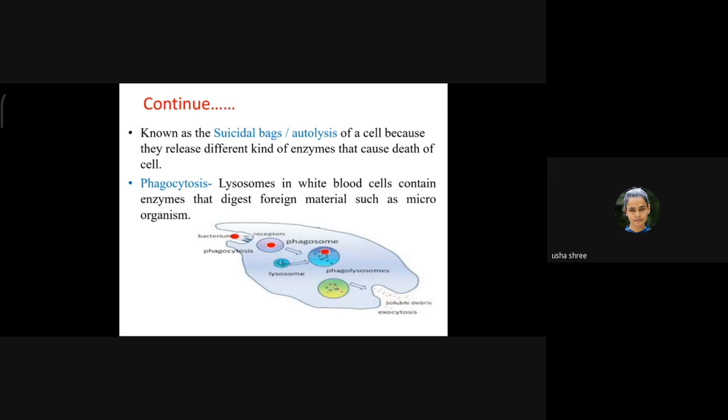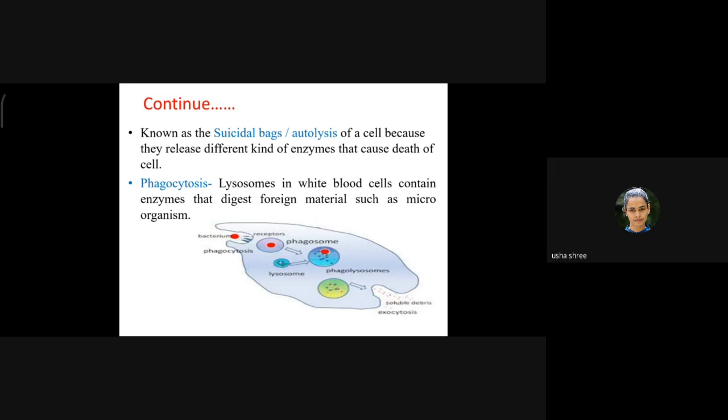But your white blood cells are getting activated. And which part of your white blood cell is getting activated? Lysosomes of your white blood cell are getting activated, and these lysosomes will release some special kind of enzyme, and those enzymes will kill that foreign material or that foreign virus, and you will not be affected by viral fever.